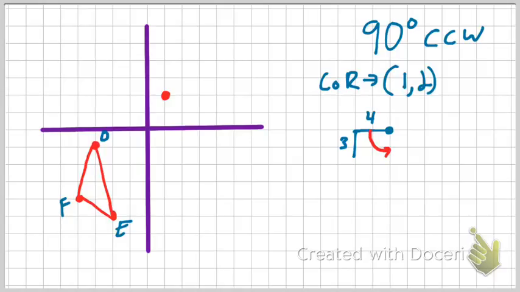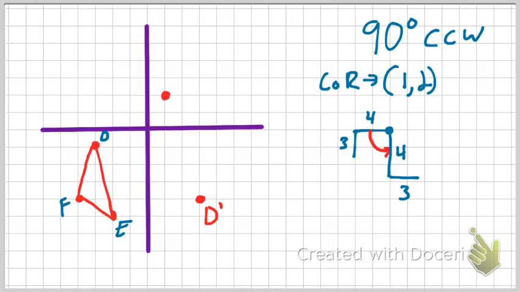Now we're going down 4 and right 3. That would be my new D prime.